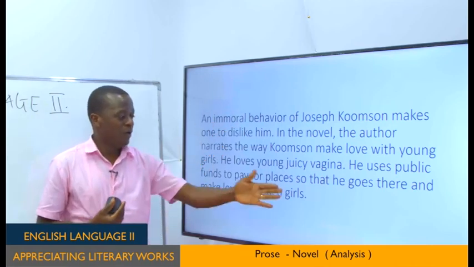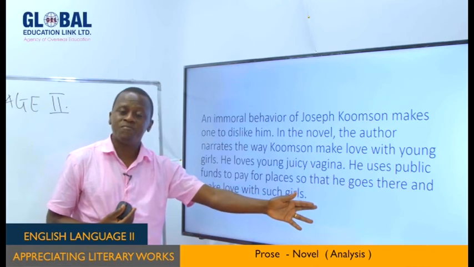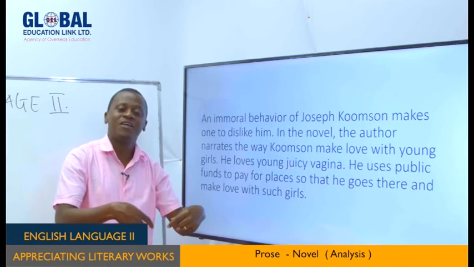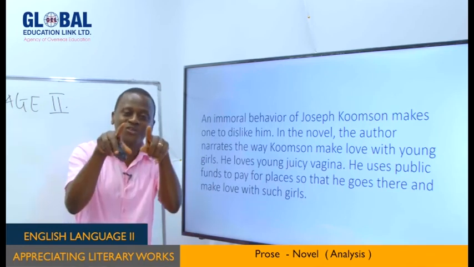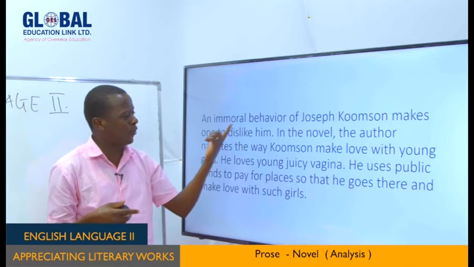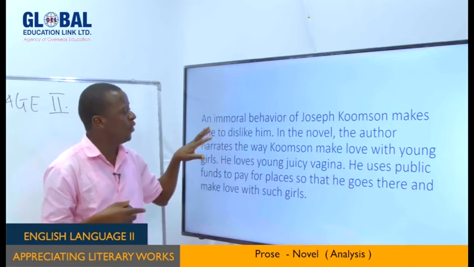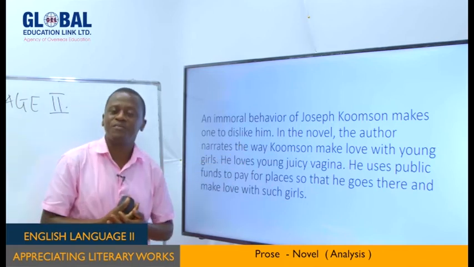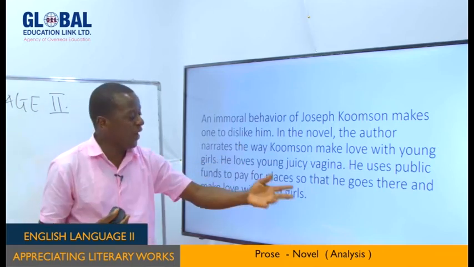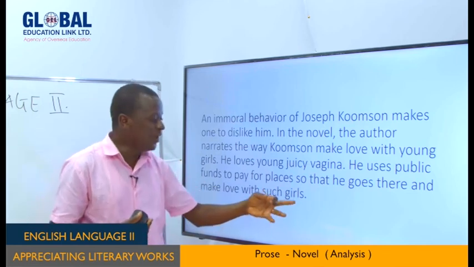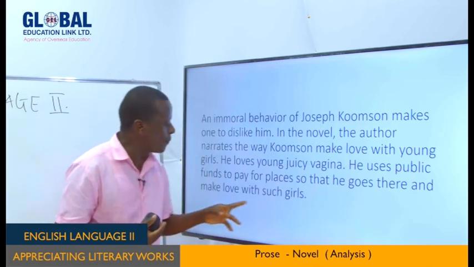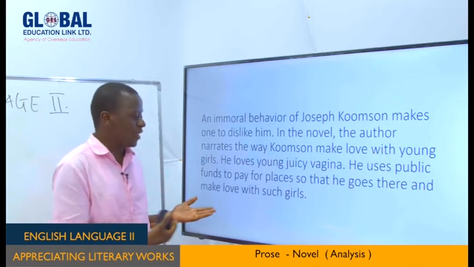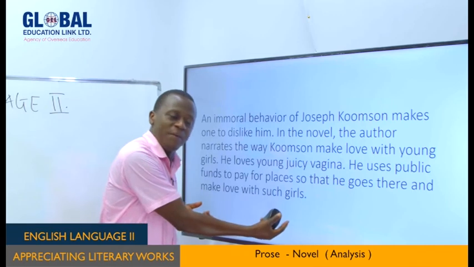Now, in your society, remember, literature reflects what is happening in society. Do we have people like Thompson who love to make love with young girls? Now, if they are there, use two lines to tell that in your society there are also people who are immoral, just like Thompson. Then give advice. What are you telling them?